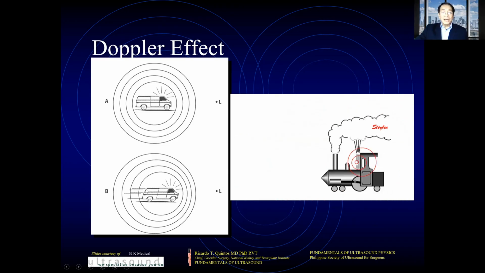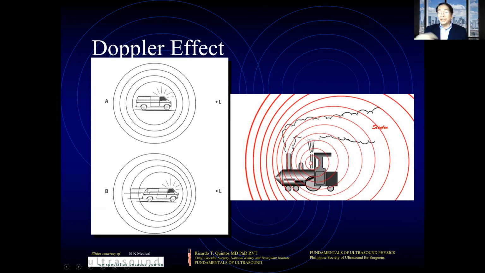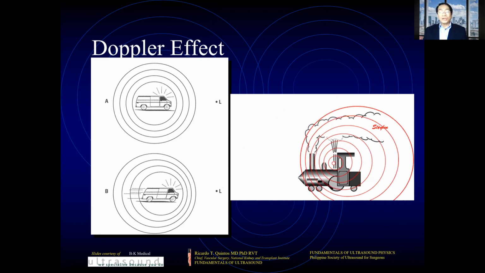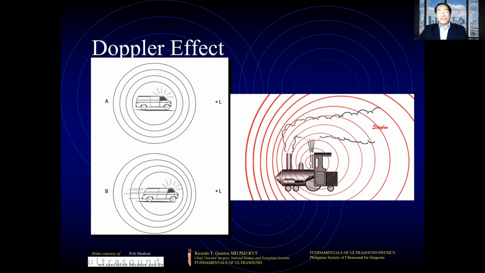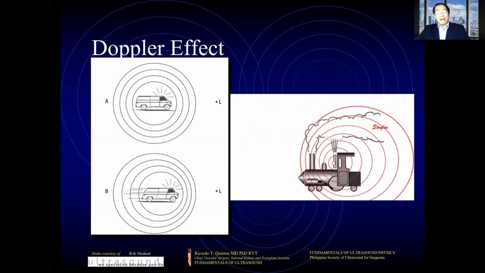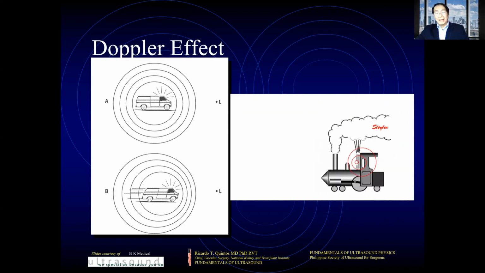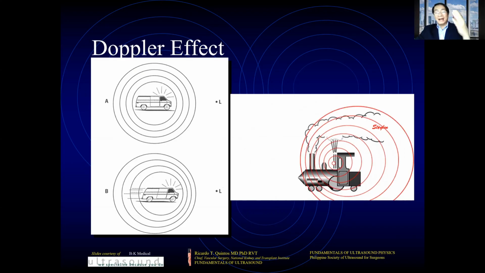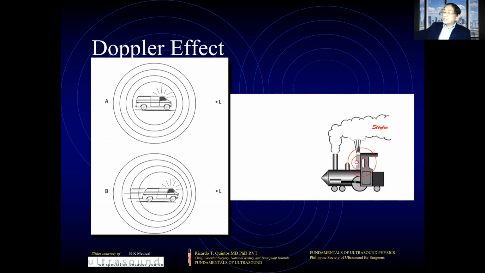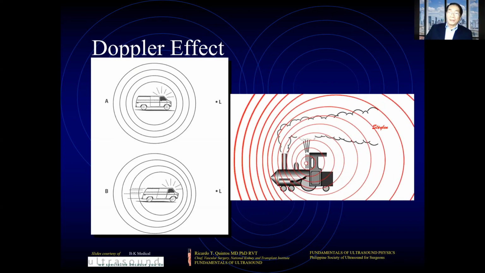And this changes the pitch of the sound. So you will hear that as the object is approaching you, the frequency is higher, so the pitch is higher. And then as it passes you, the sound pitch becomes lower.